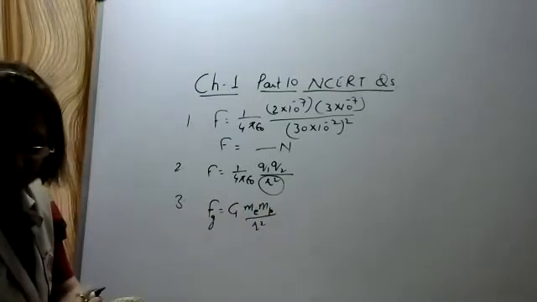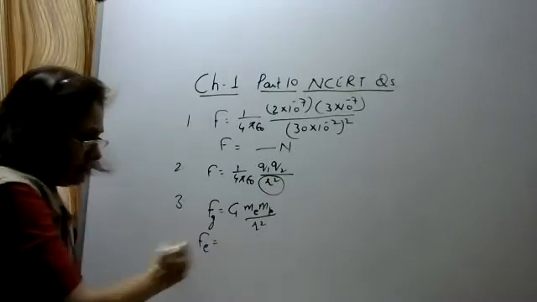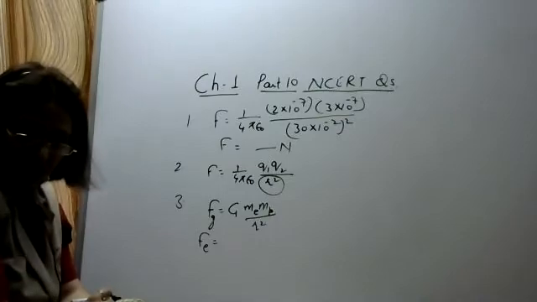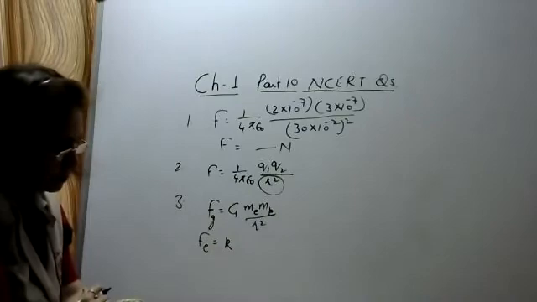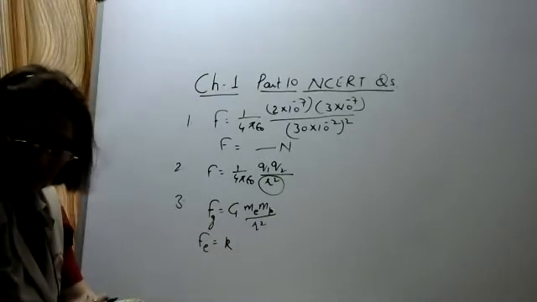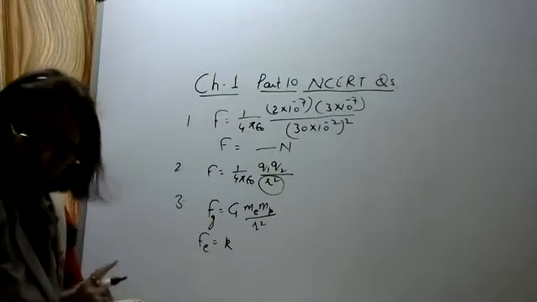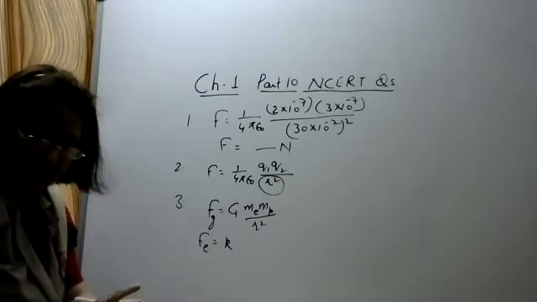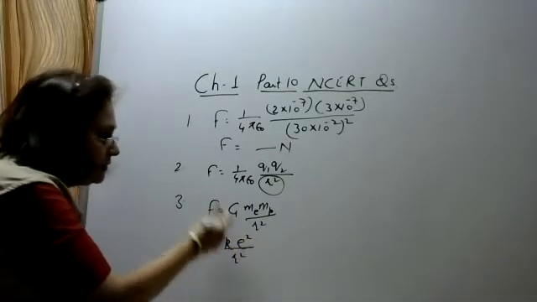This is the gravitational force between them, and the electrostatic force between them is equal to K Q1 Q2 upon R square. Here the constant of proportionality is represented by small k, which is 1 upon 4 pi epsilon naught. Q1 Q2, one is electron, the other is proton. Both have the same charge, that is E, so K into E square upon R square.